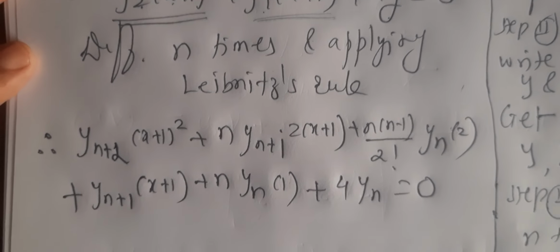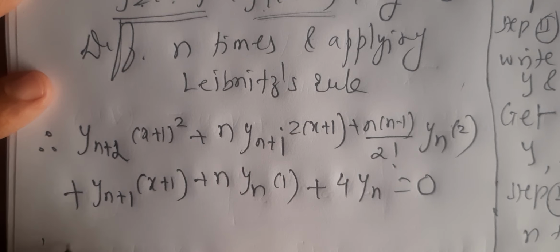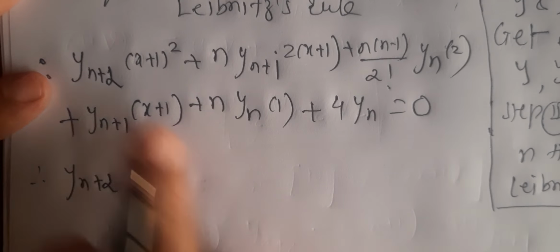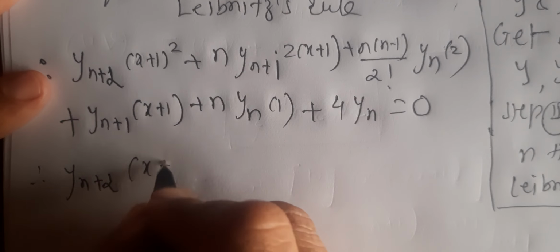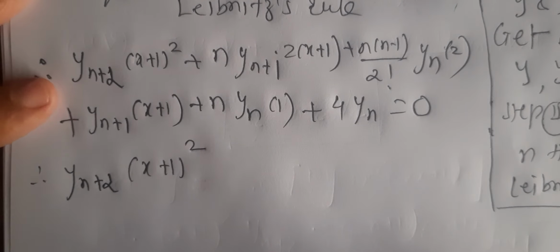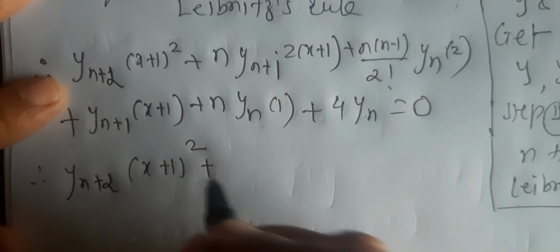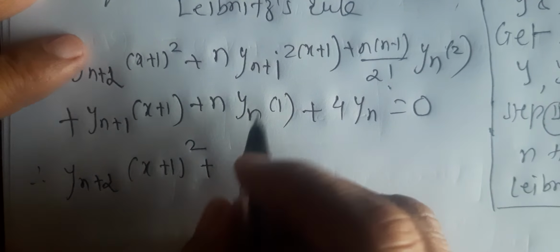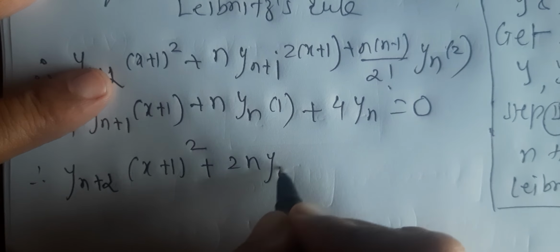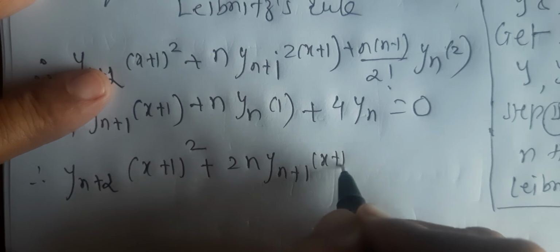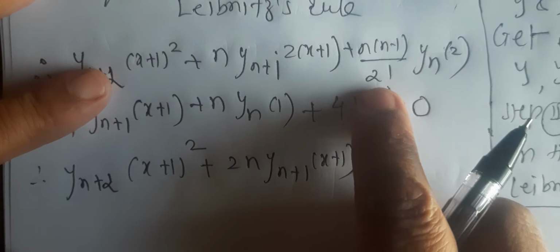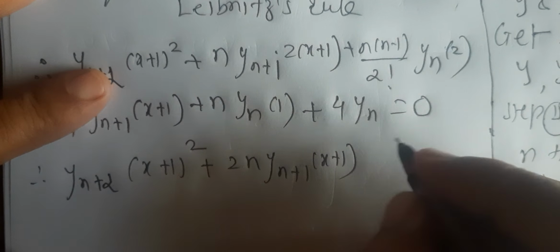Now just open the bracket and rearrange the terms. What we are going to get, y(n+2), look at this expression, last one what we obtained, x plus 1 whole square, plus what I will have here, 2n y(n+1) x plus 1. Then here this 2 and this 2 is cancelled.